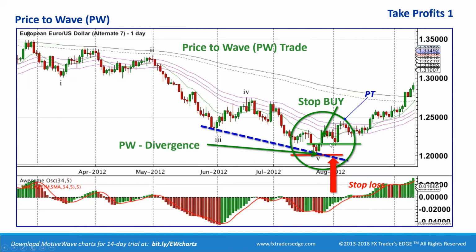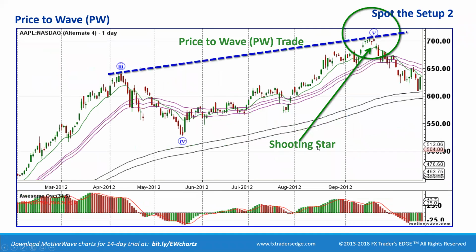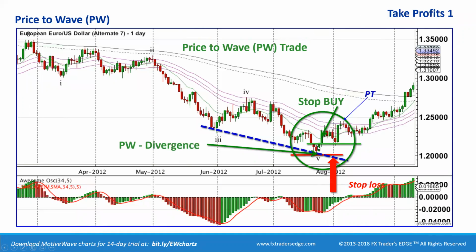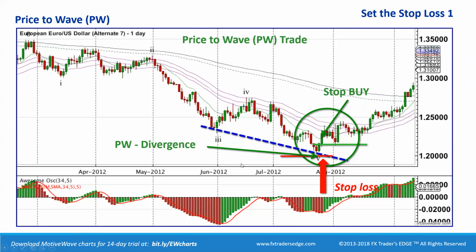Your stop loss is below the candle low. This line moved, it has to be a little bit higher. So you have a stop buy and you have a stop loss below the candle low.